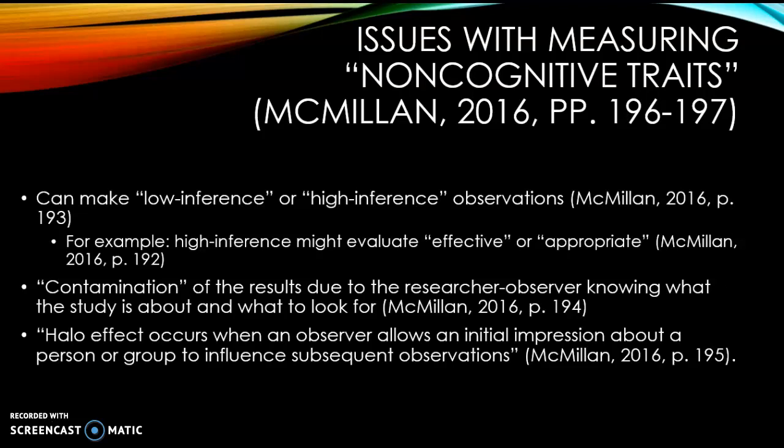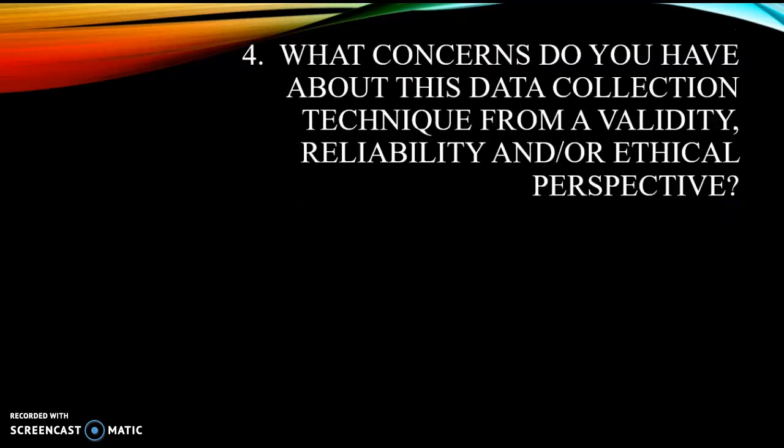So you might observe a teacher who is really sweet at the beginning of class, and you're like, oh, that's really nice, I like that teacher, and you just think that everything that teacher does from that point on is great, and it has an effect. Maybe you just ignore the negative things happening in the classroom because of that.